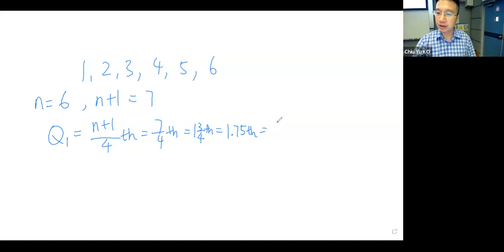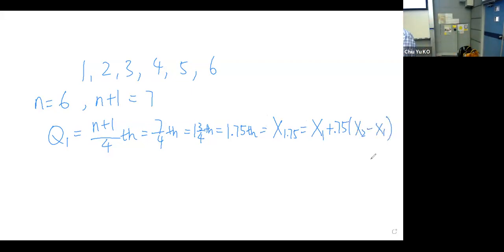1.75 is basically you start from x1, plus 0.75 times x2 minus x1. Is that clear? Because 0.75 is like you get 3/4 of the distance of that one.